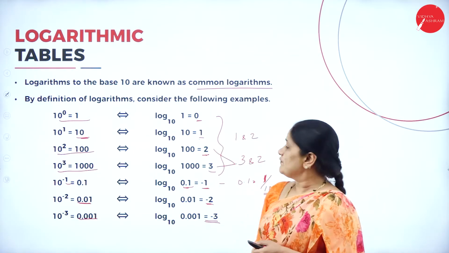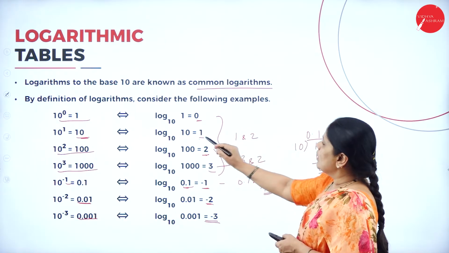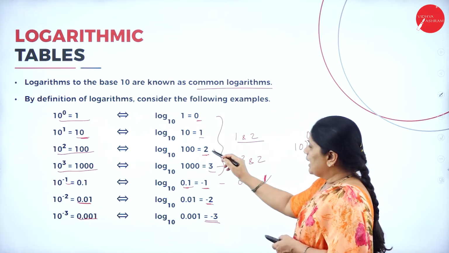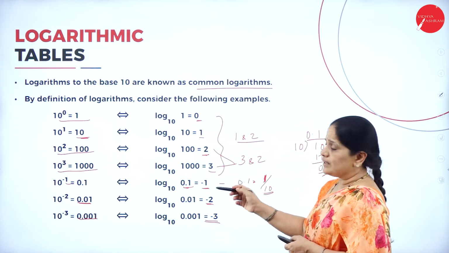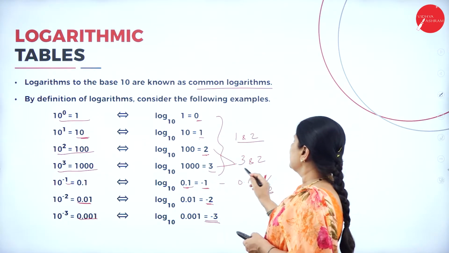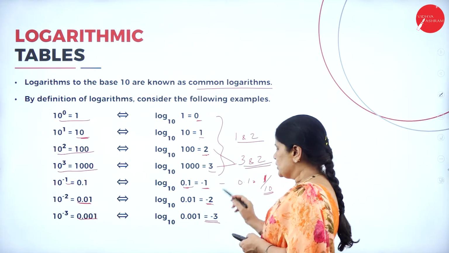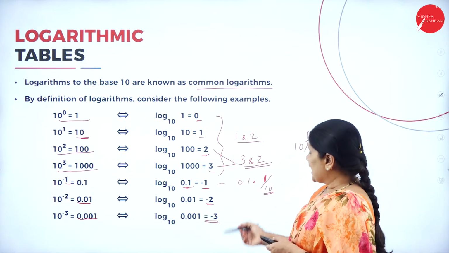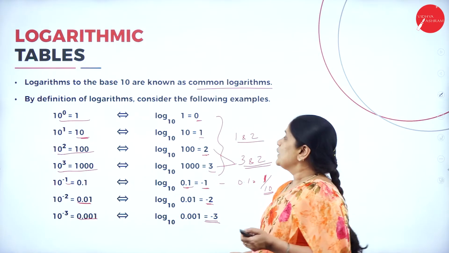So in this way, we should understand that all the log values between 10 and 100 lie between 1 and 2, and those between 100 and 1000 lie between 2 and 3. So the decimal values will have a minus along with the value.